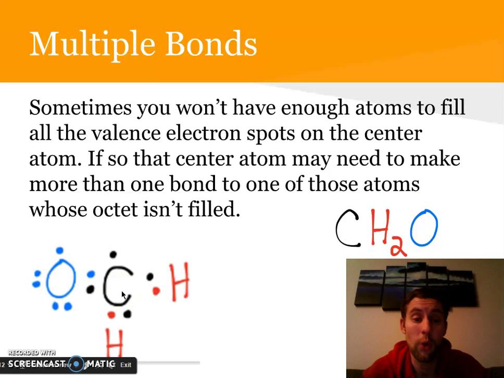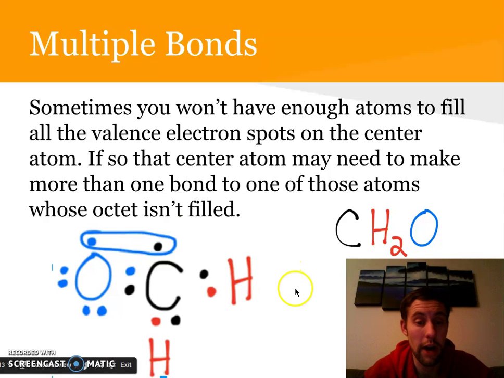If they're both 1 short, they can use this lone electron on top and this lone electron on top and make what's called a double bond, and they can share those electrons both on the side here and the ones on top. It looks something like this when I draw it out.